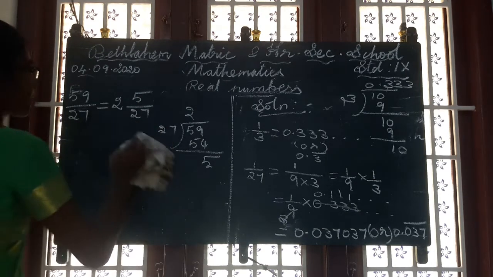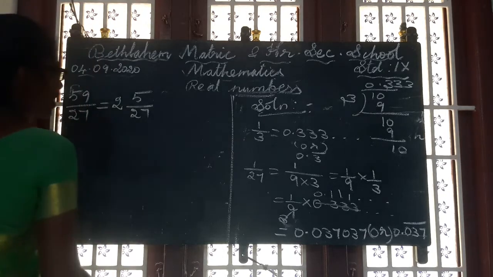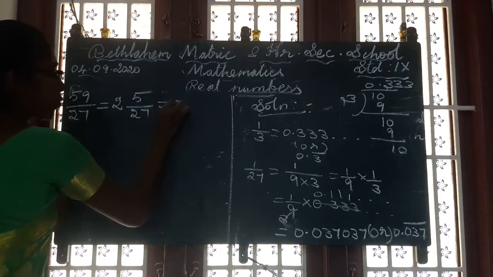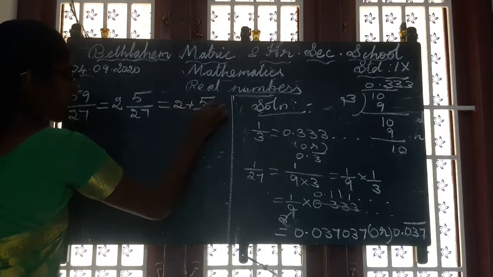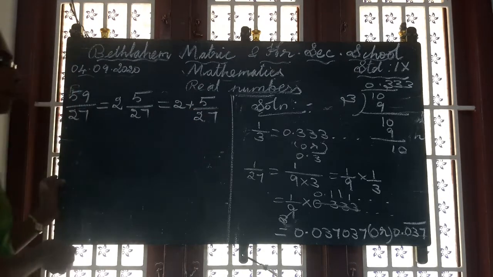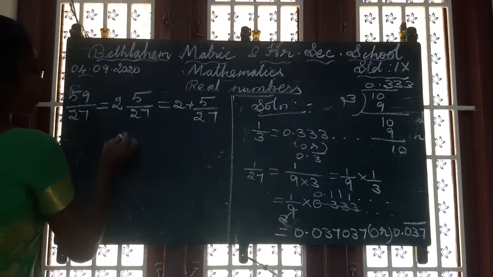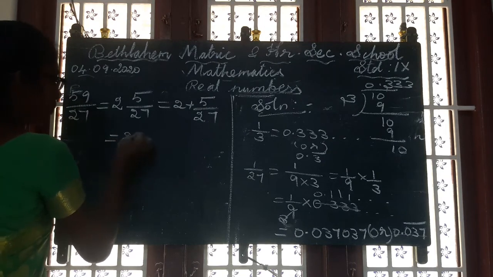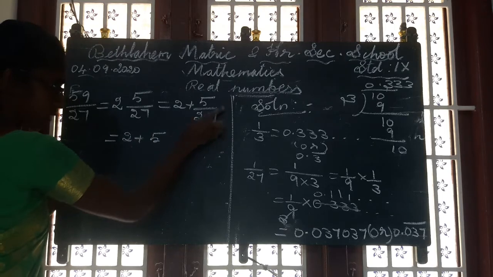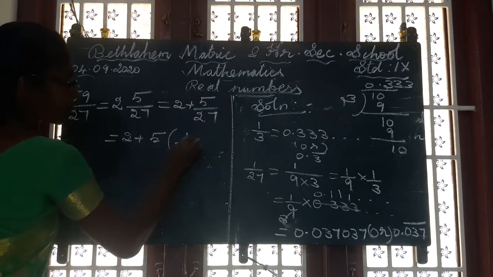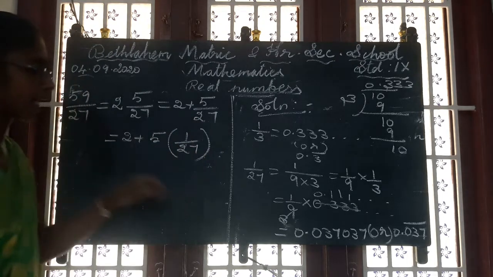Next, that is equal to this one. Again we can split it: 2 plus 5 by 27, which is equal to 2 plus 5 into 1 by 27. Why are we splitting like this?